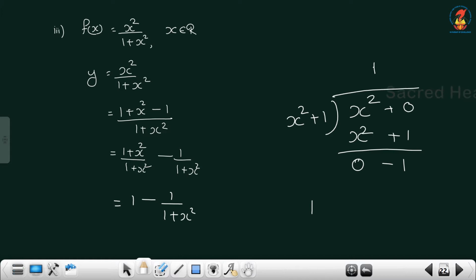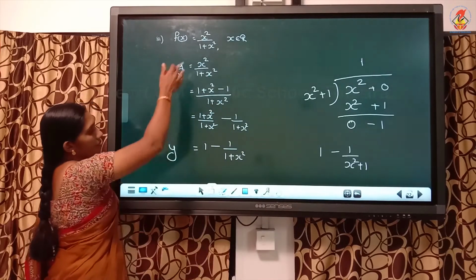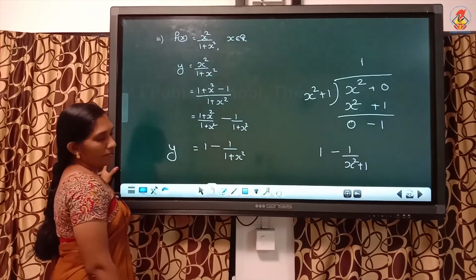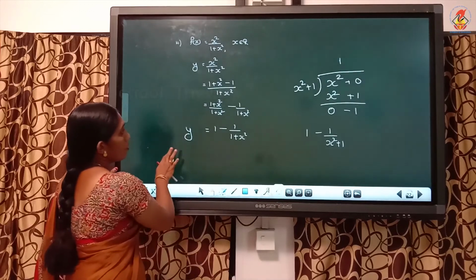The quotient, remainder by divisor. So the same answer you will get. Either you follow this or this one. So y, here we write like this. Then we have to find the values of y.